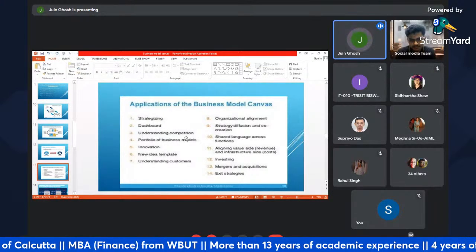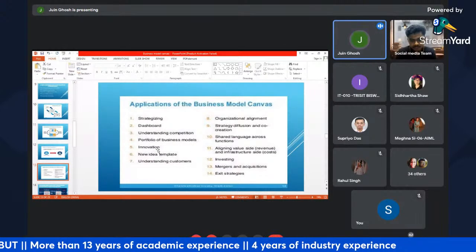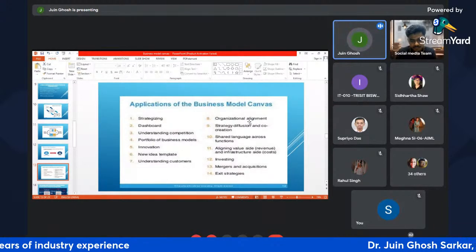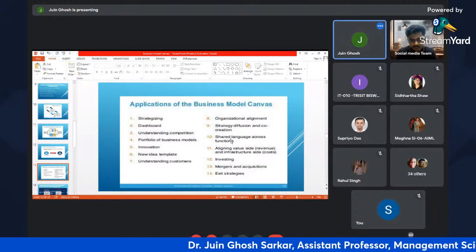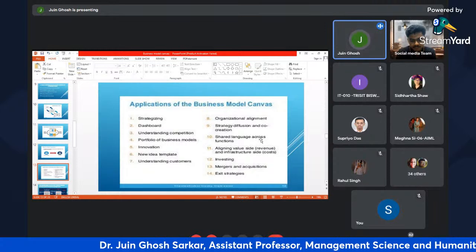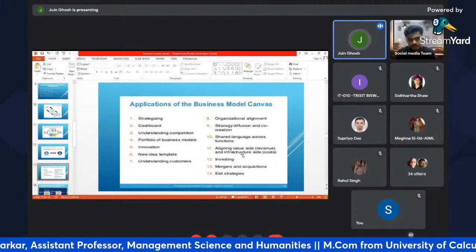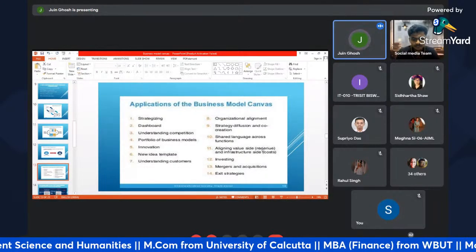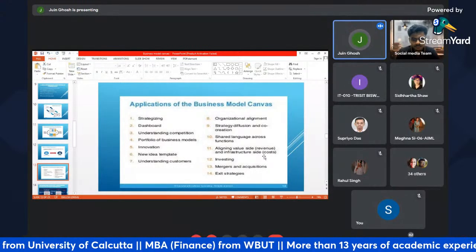Then understanding the competition, portfolio of business models, innovation, the new idea template, understanding the customers, organizational alignment, strategy diffusion and co-creation, shared language across the function, aligning the value side, that is the revenue, and the infrastructure side, that is the cost involved. That is what you are expecting from the customer and what you are incurring to retain the customers.